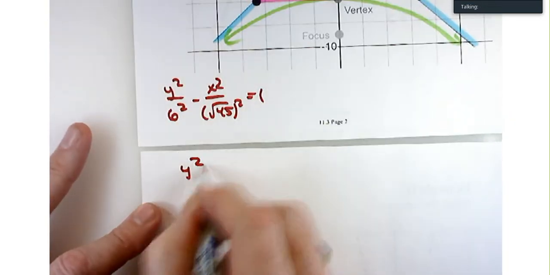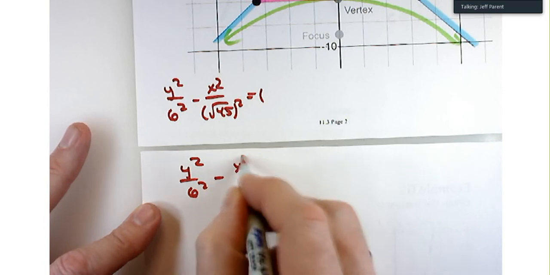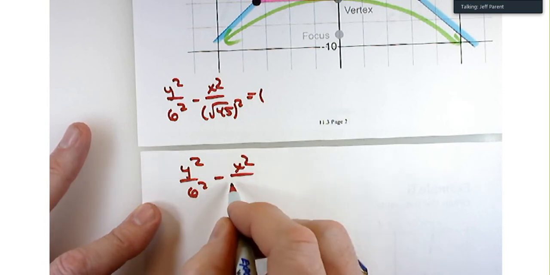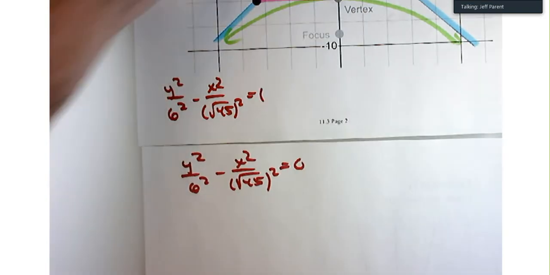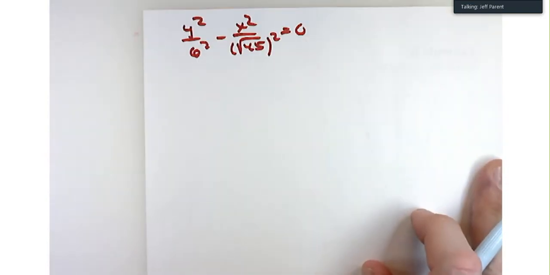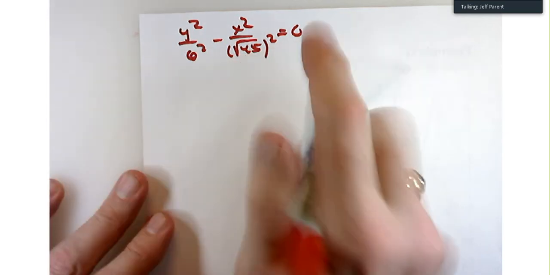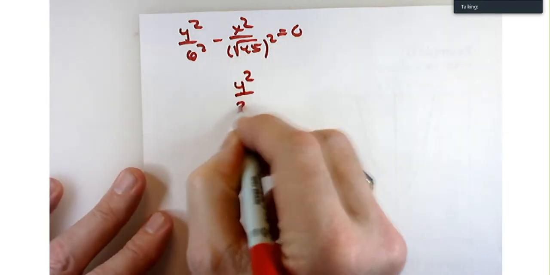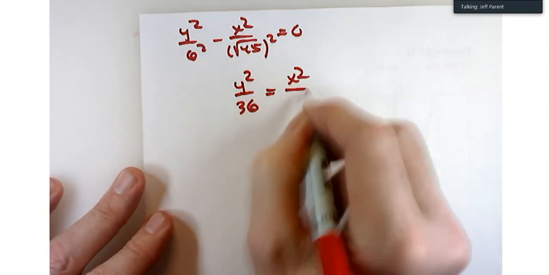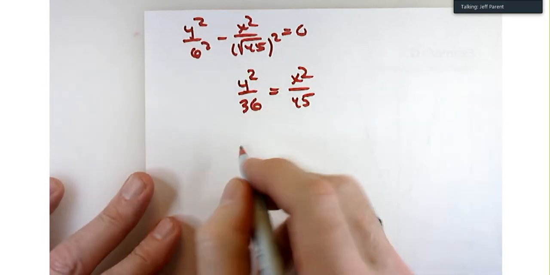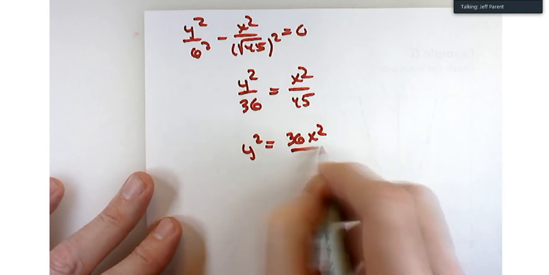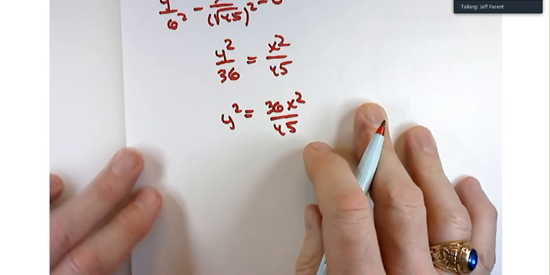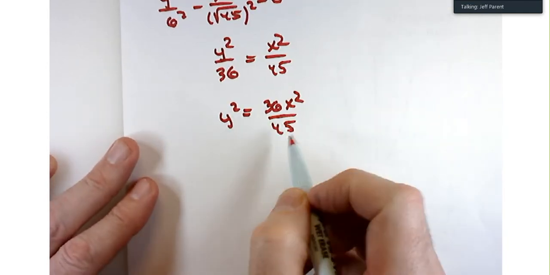So I'll do that over here. Y squared over 6 squared minus x squared over square root of 45 squared equals 0. And what I'll do first is I'll move this term all the way to the right-hand side. So y squared over 36 equals x squared over 45, or y squared equals 36 times x squared over 45. We could probably simplify this a little bit.